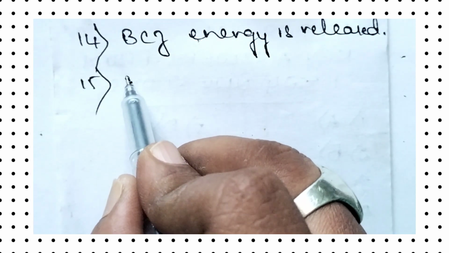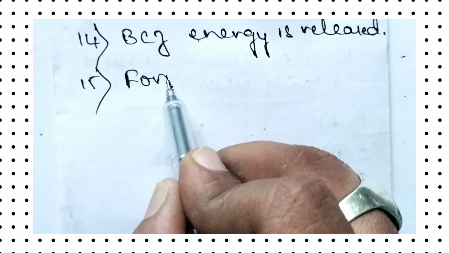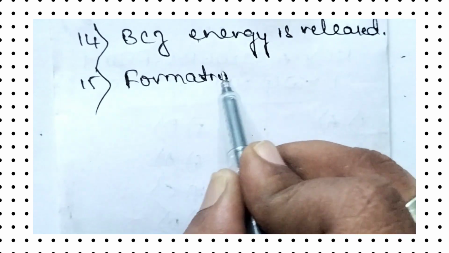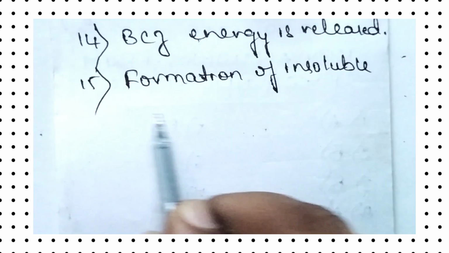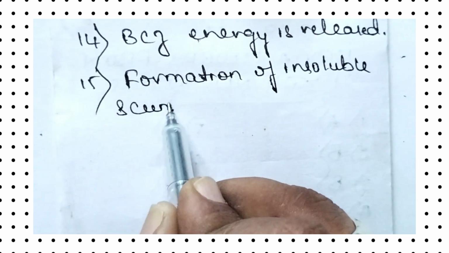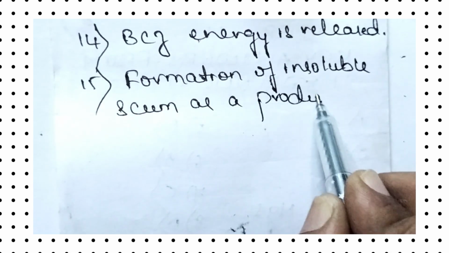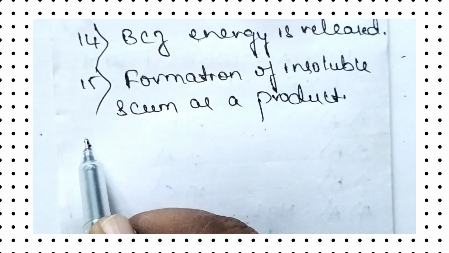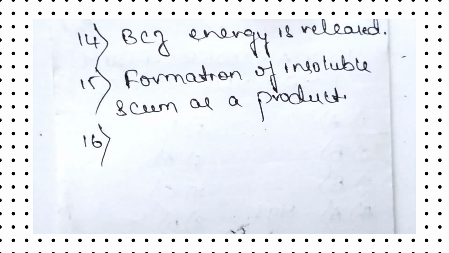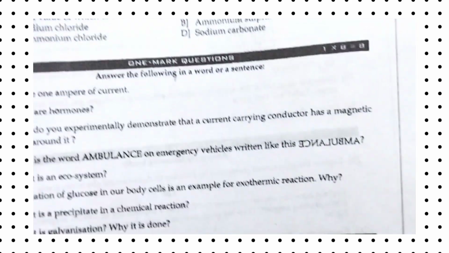A precipitate in a chemical reaction means formation of an insoluble solid as a product. Formation of an insoluble solid as a product is called a precipitate, that is PPT.